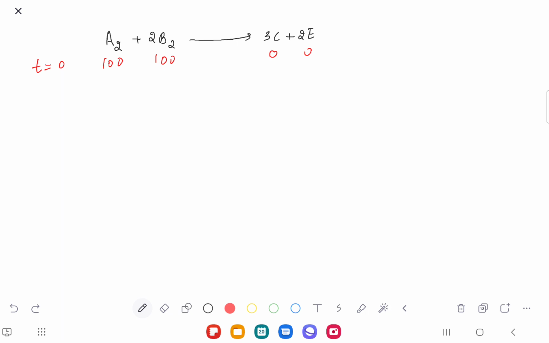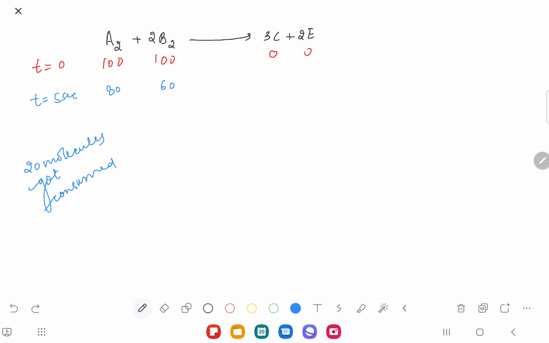As 5 seconds passed away, I hope you're understanding that only 80 molecules are left. That means 20 molecules got consumed. And here, for every one consumed, 2 get consumed, so for 20, 40 get consumed. So how many are left? 60 are left.